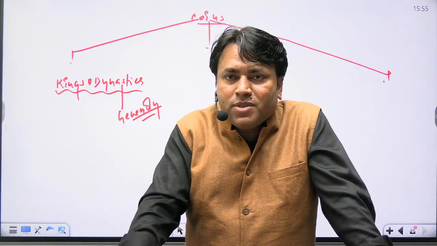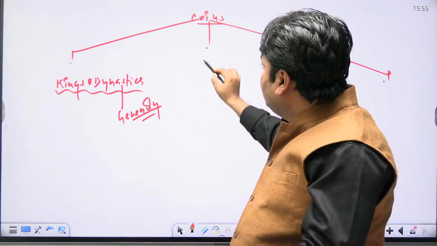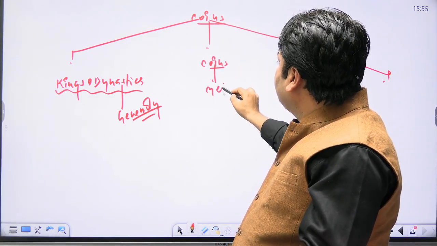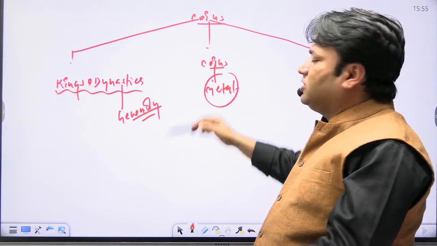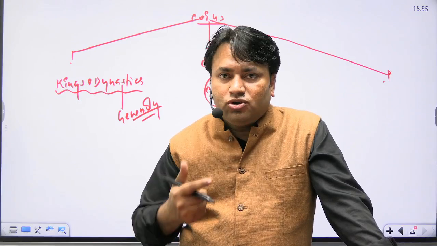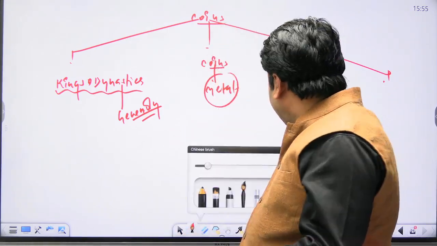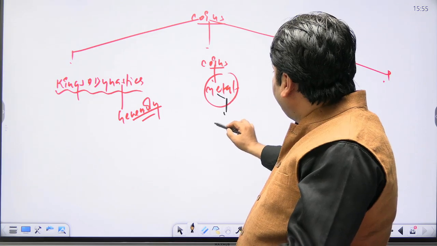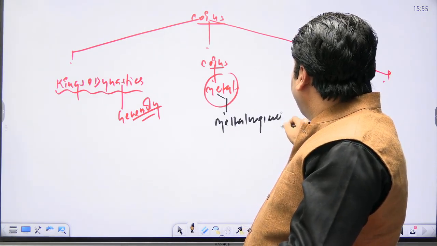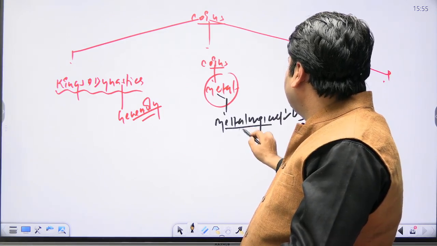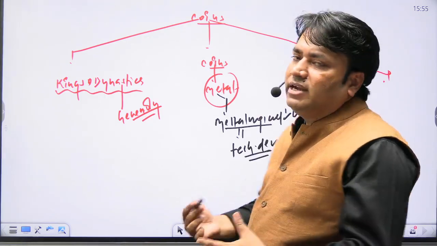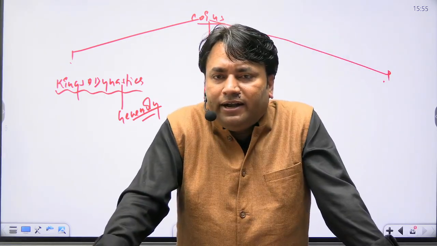Got it? And obviously if coins are used, metals will be used in these coins. Copper might be, silver, gold. So this also gives us an idea that ancient people were expert in metallurgical skills, and when we say metallurgical skills, we are talking about technological development and changes during ancient India.